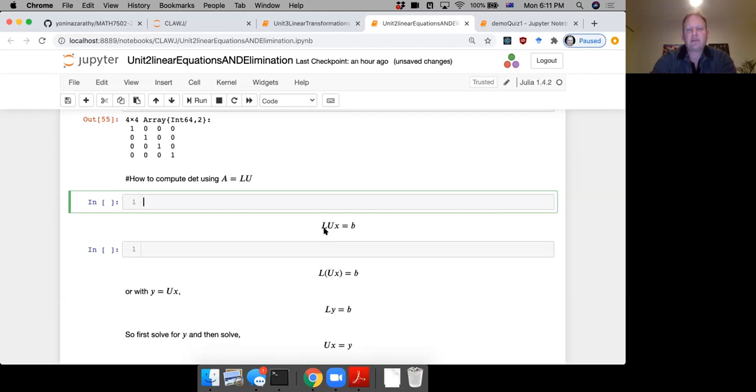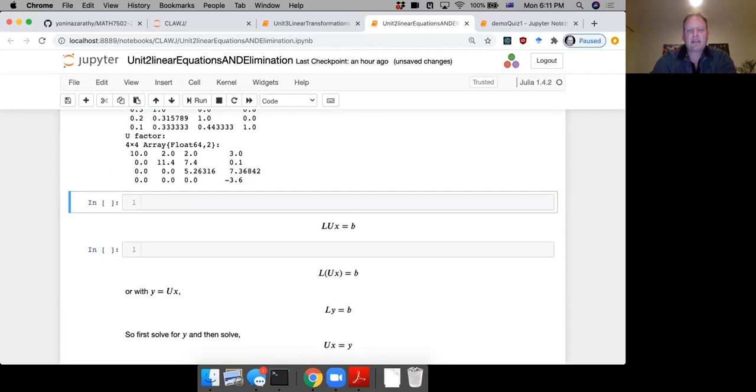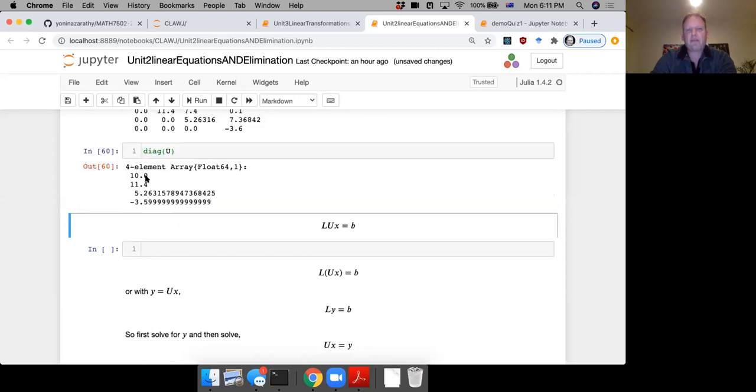Perfect. So let's go back to the original A. We've got our matrix A, and then we'll do L, U equals lu of A. Let's take the diagonal of U. The diagonal of U are these 4 pivots.